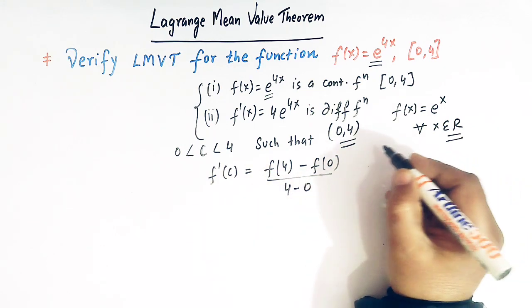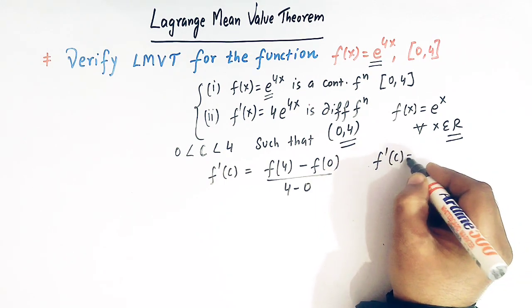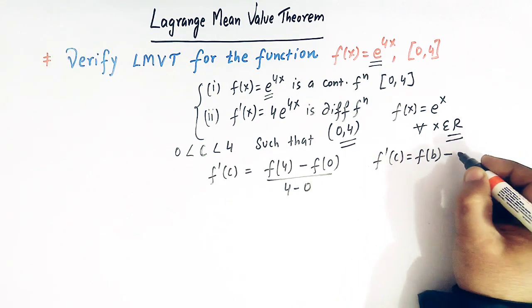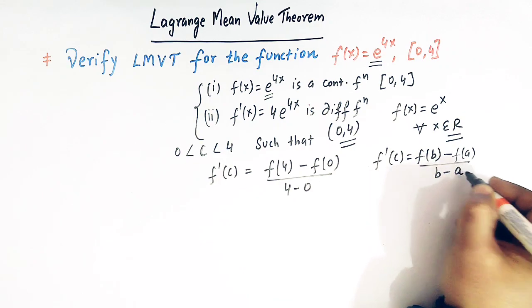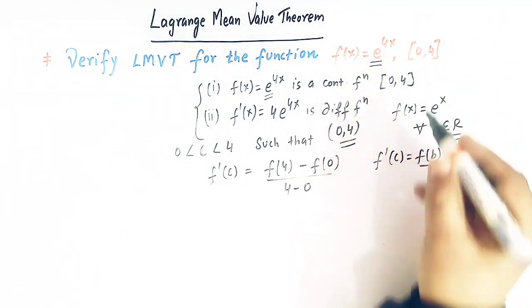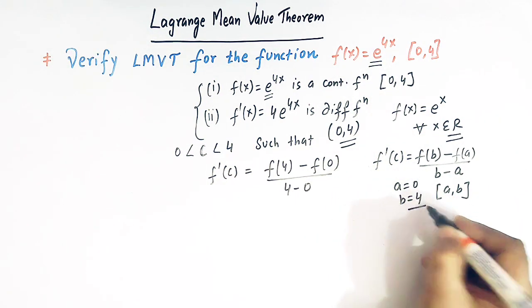Because from Lagrange mean value theorem we know that f prime of c is equal to f of b minus f of a divided by b minus a in the interval a comma b, right? And here a is 0 and b is equal to 4.